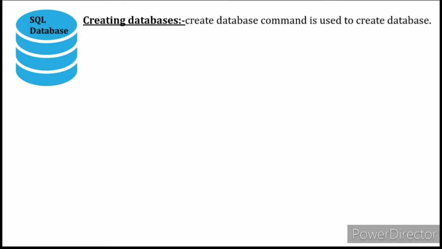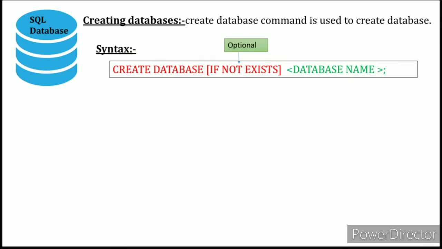Create database command is used to create a new database. This is the syntax: create database, if not exists, and after that the name of the database, and lastly we have to put a semicolon. Here create database and if not exists are both keywords.